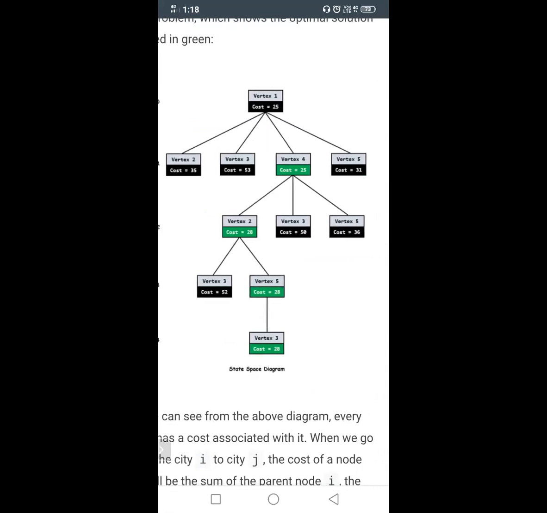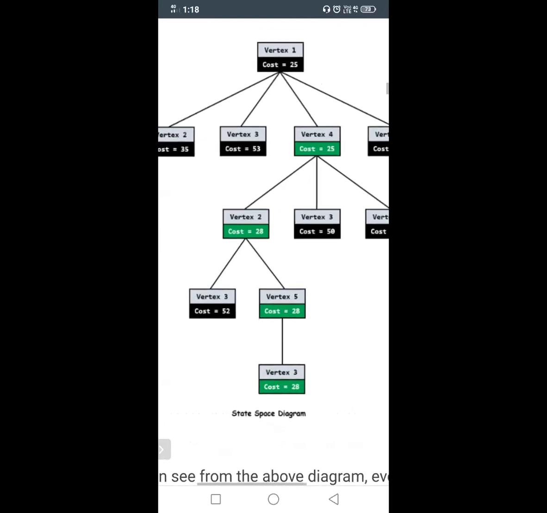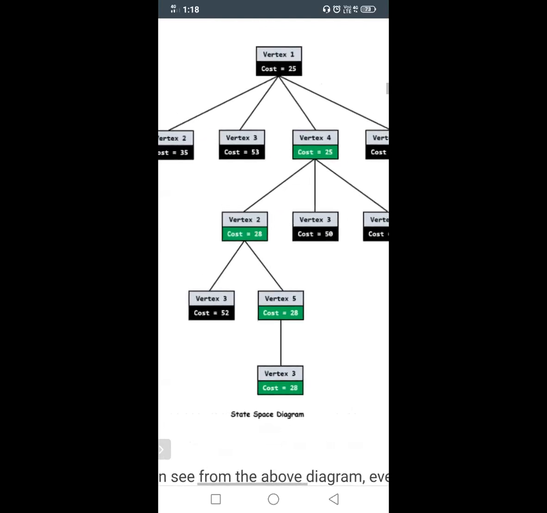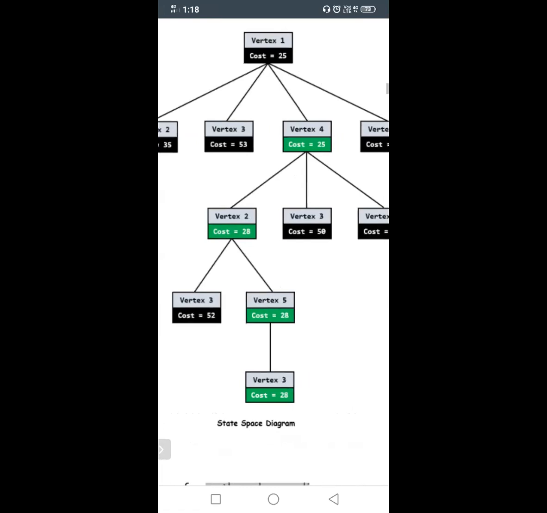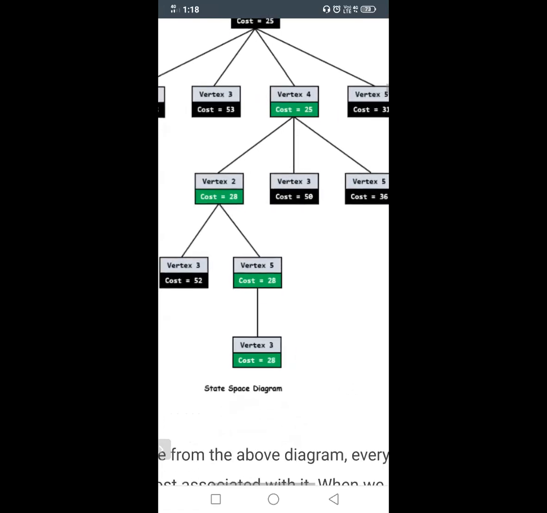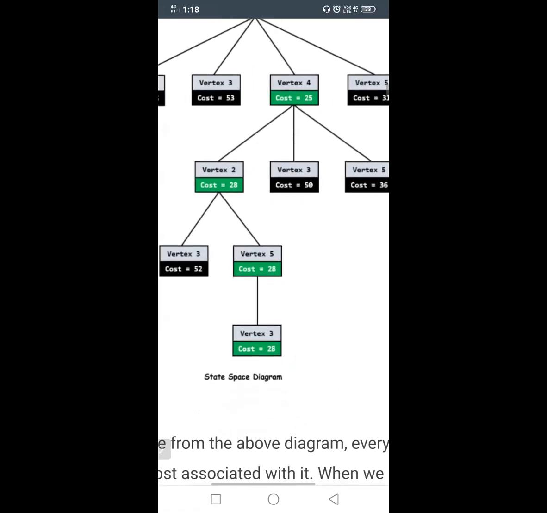So just consider 3 1, 3 2, 3 4. You find the minimum using the cost formula. Then here we get the cost 28, in this 50, and here 36. Next, you have to choose the minimum vertex, that is this one.